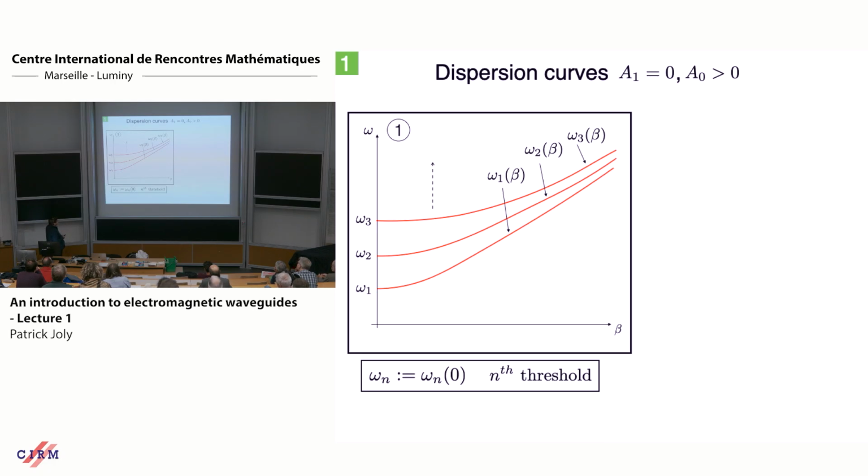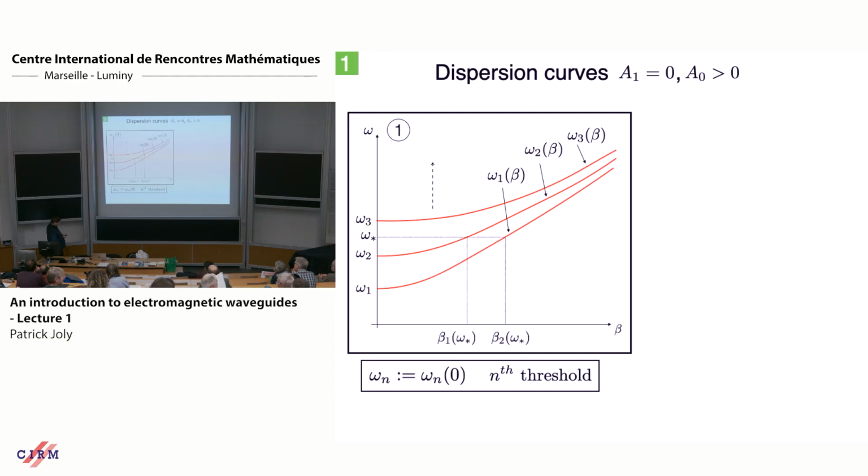To begin to understand the other problem, given omega, find beta, you can choose a frequency, omega star, for instance, between the second and the third threshold. And you see that the line omega equal omega star intersects only two of the dispersion curves at two wave numbers, beta 1 and beta 2.